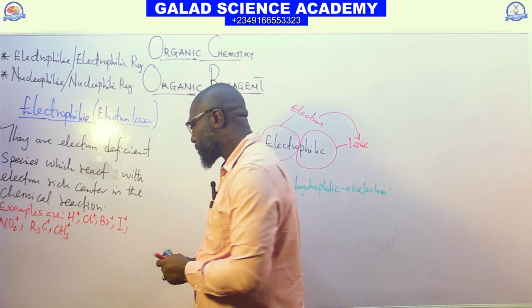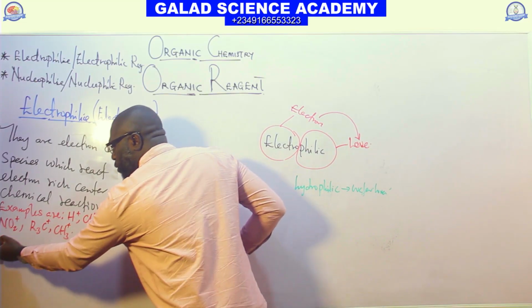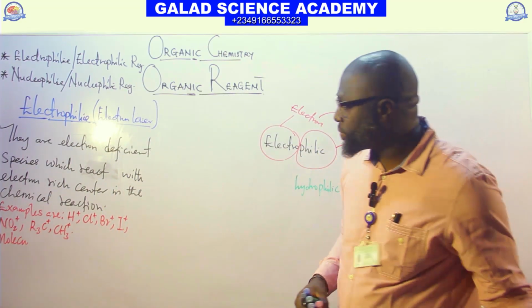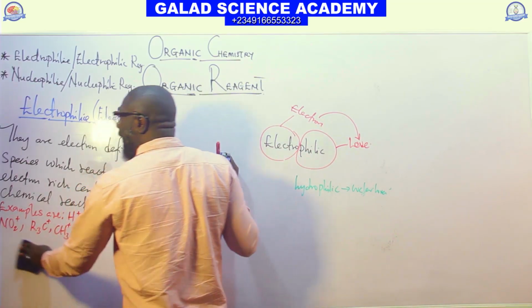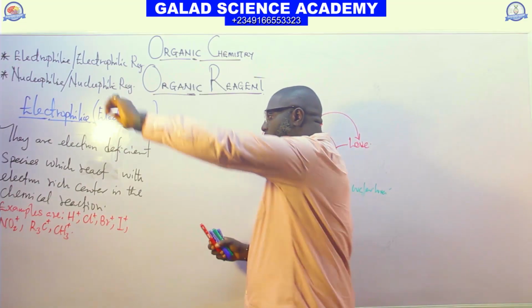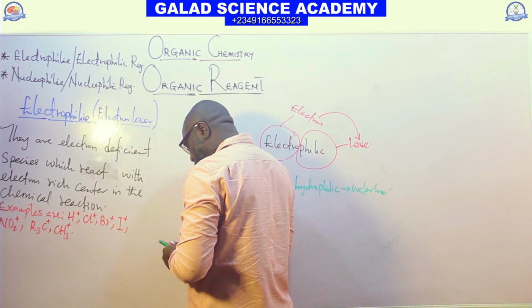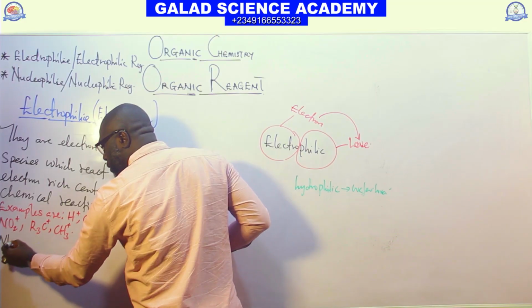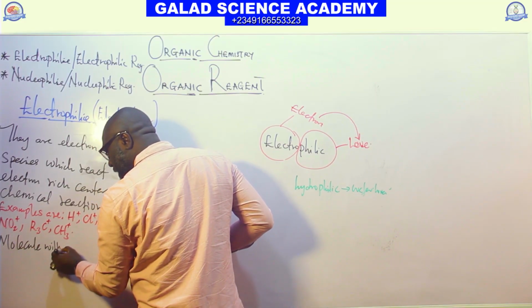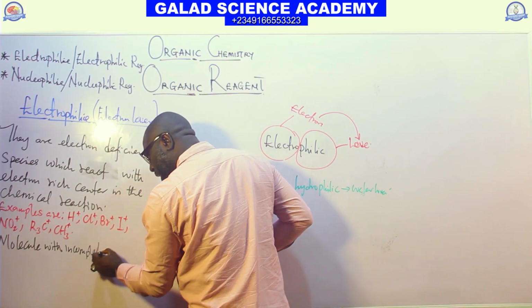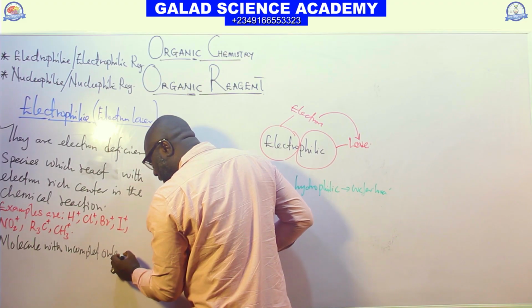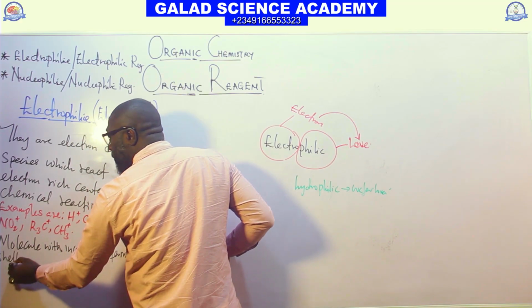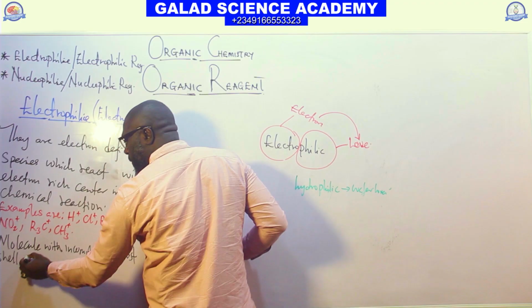You can also find electrophiles in a molecule: a molecule with an incomplete octet, that is, an incomplete outermost shell of electrons.